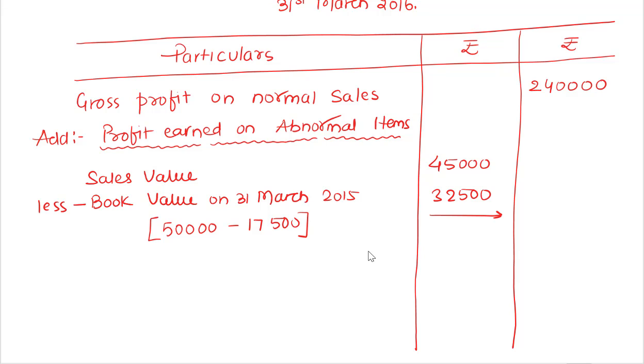So 45,000 less 32,500, 12,500 is the profit made on abnormal item.